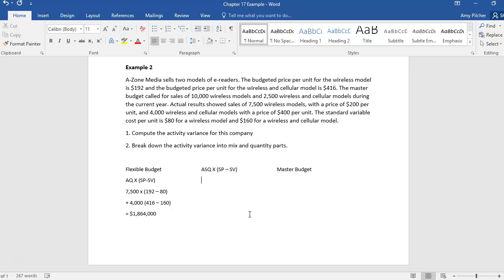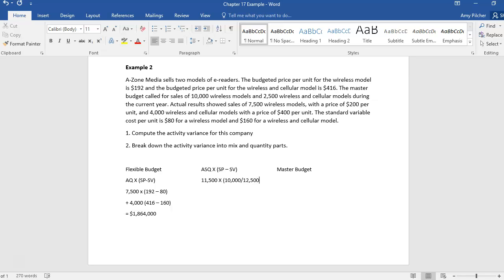We actually sold 11,500. So we're going to look at our actual sales mix quantity. So that 11,500 times what our sales mix contribution would have been, which is 10,000 divided by 12,500.